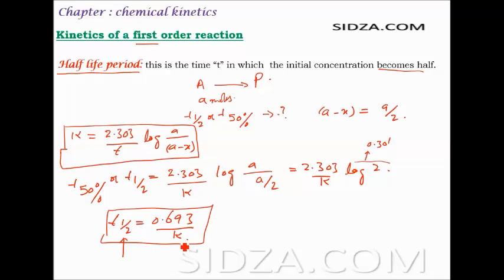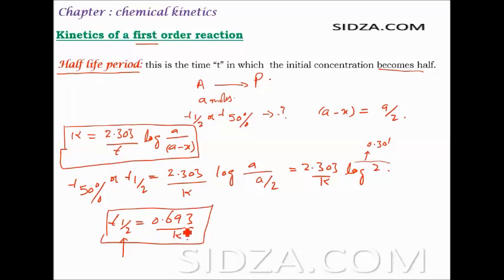Okay, if the rate constant K is high, the half-life period will be less, because the rate constant K tells us about the reaction rate. High K value means the reaction is fast, so the time taken for half of the reactants to get converted into the product will be less if K is high. So it is inversely proportional.